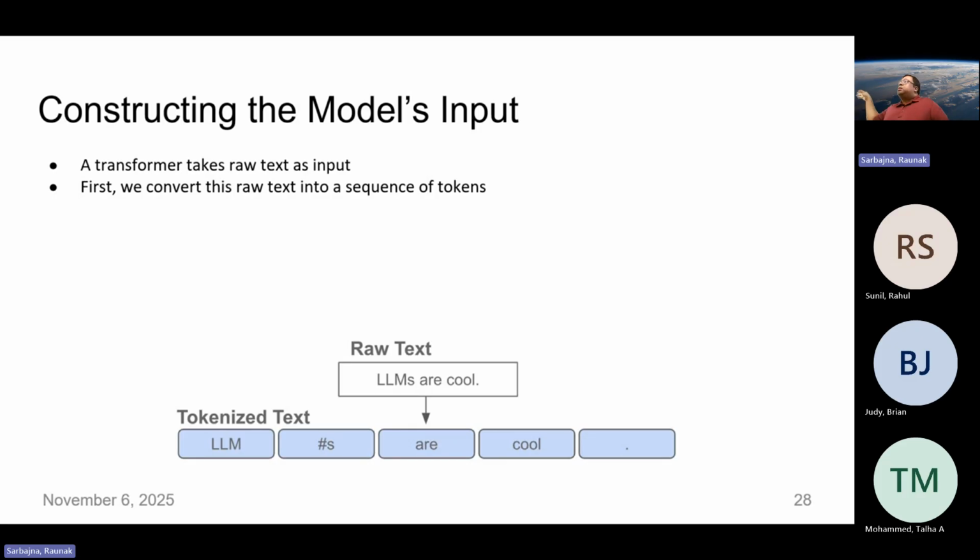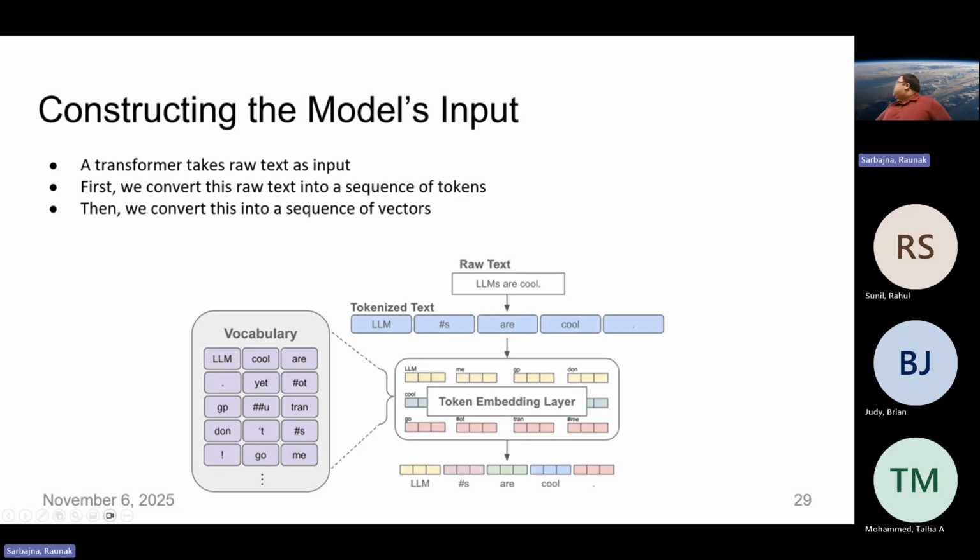One logogram is not one token; it's broken down into further parts. So first we convert this text into a sequence of tokens, then we convert this into a sequence of vectors. Essentially what it is doing is parts of speech tagging.